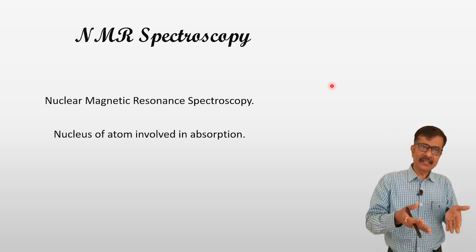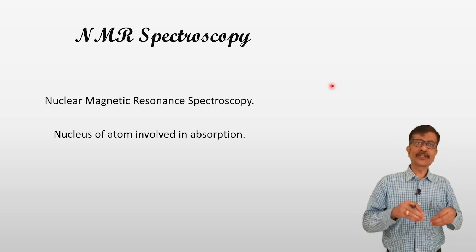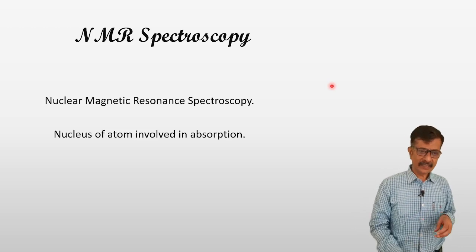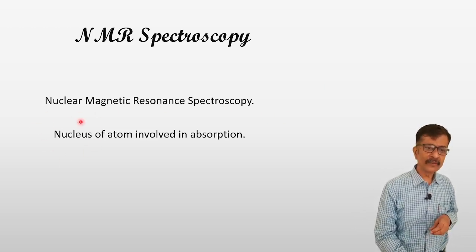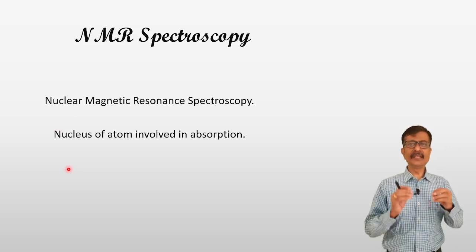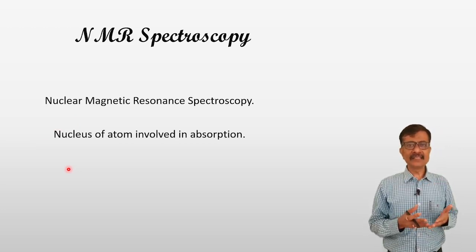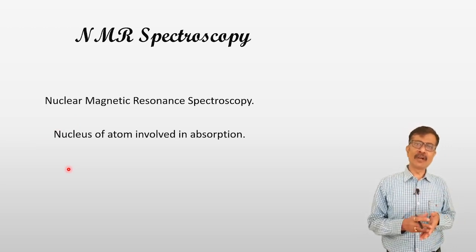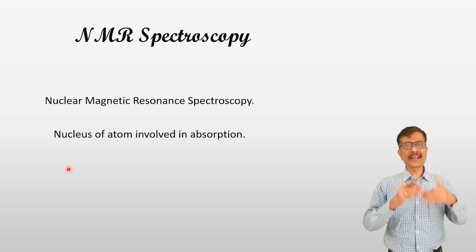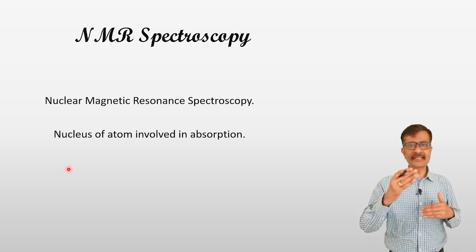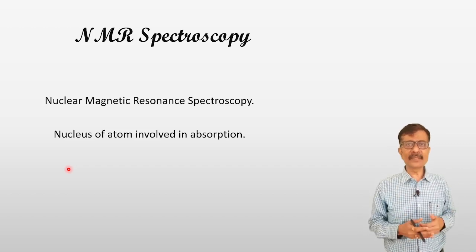But in NMR spectroscopy, it is absorption spectroscopy, but the major difference is that the nucleus of the atom is involved in the absorption. When electrons are involved in absorption, electrons can move from their ground state to an excited state because electronic orbitals are available in the atomic structure.